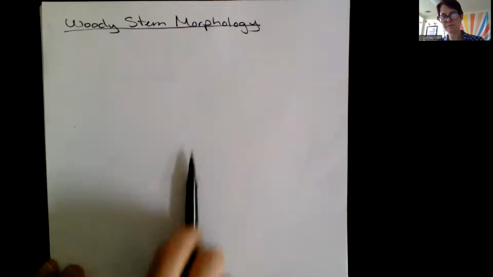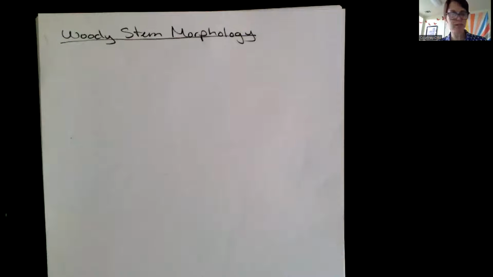And, as I've said before, you can use that morphology really to identify plants. Well, I'm going to be making a drawing. I'm going to draw my stem here in the center of my drawing, and I'm going to label it on both sides. So give yourself some space when you do this.